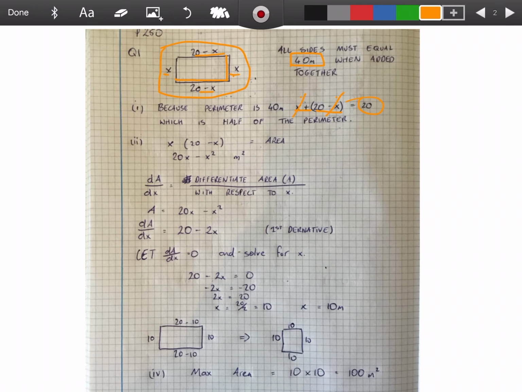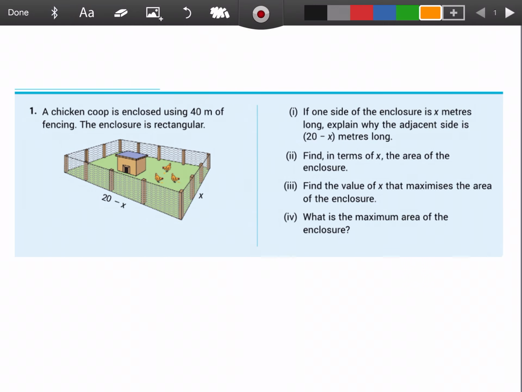So I've explained there, and hopefully that makes sense, because our perimeter is 40 meters. 2 of the sides, one of the lengths and one of the widths added together are equal to the 20 meters. Going back to part 2, find in terms of x the area.